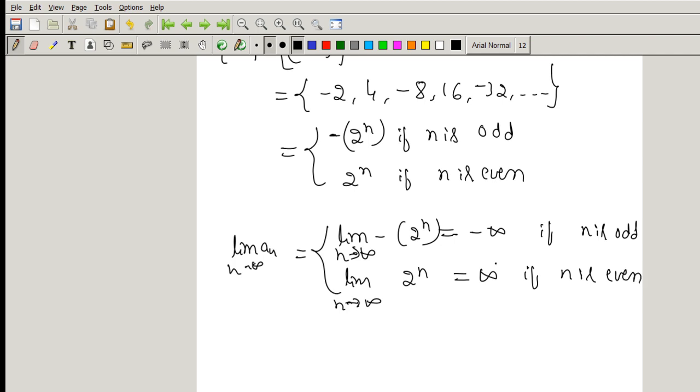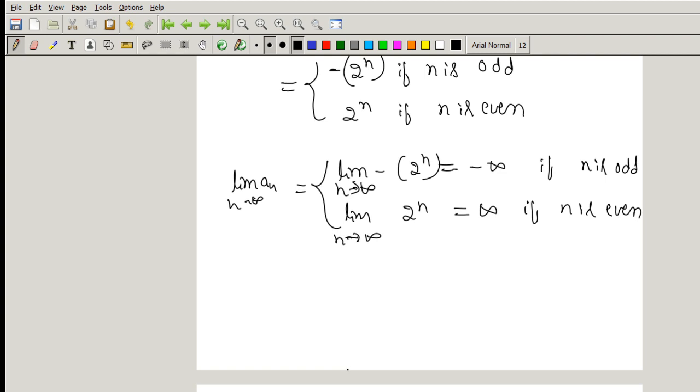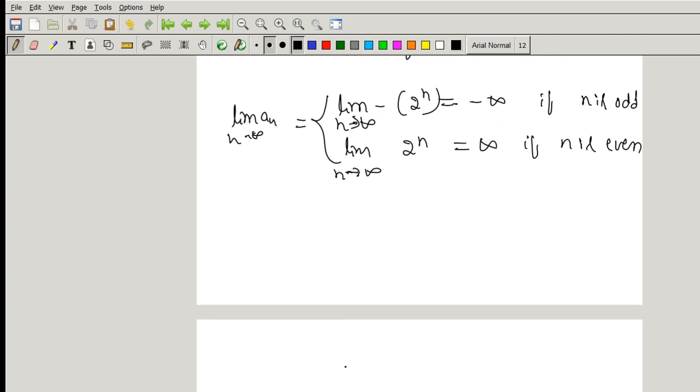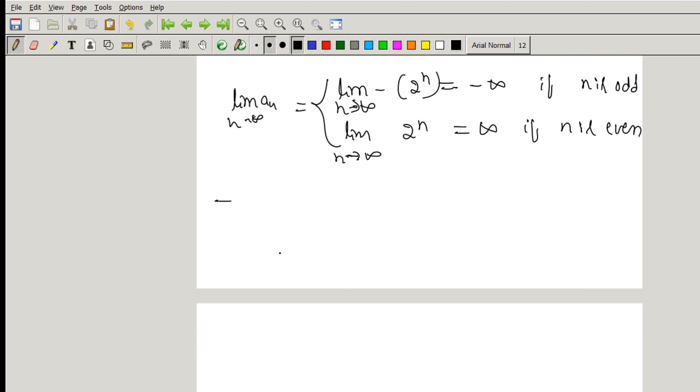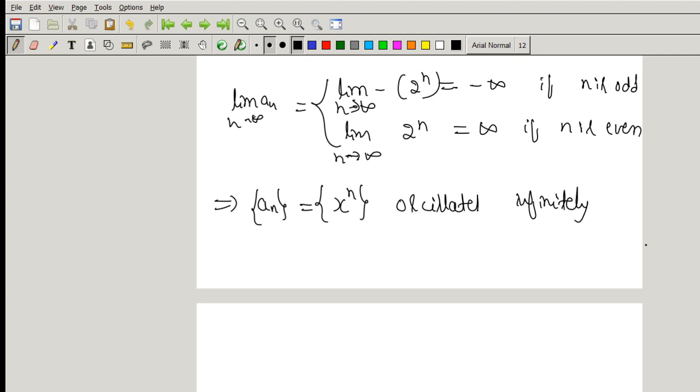Therefore, this sequence oscillates between these two values. These are infinite values, which implies the sequence a_n, that is x power n, oscillates infinitely. It is not finitely oscillating.